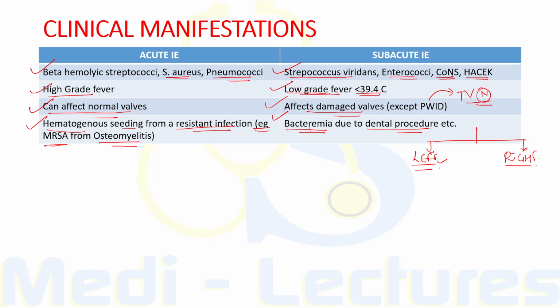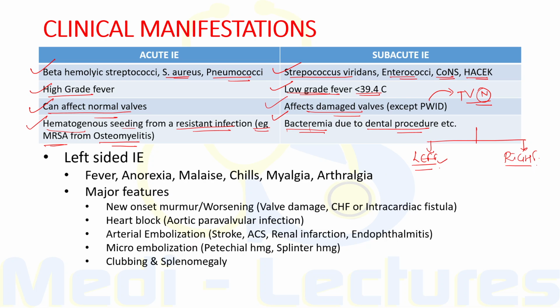What are the clinical features of this condition? So this usually presents with fever for 1 to 2 weeks. Patient will complain of anorexia, malaise, associated chills, myalgia and arthralgia. Now what are the specific major features? There will be a new onset murmur or worsening of a previously present murmur.